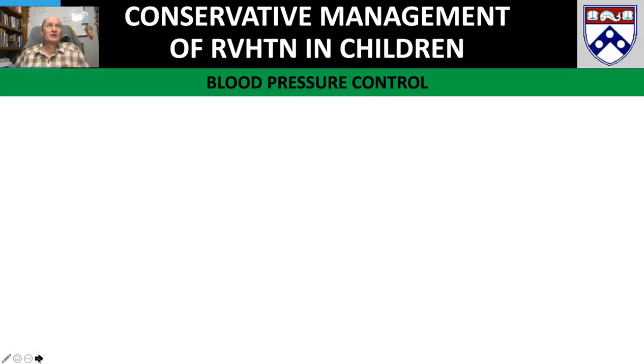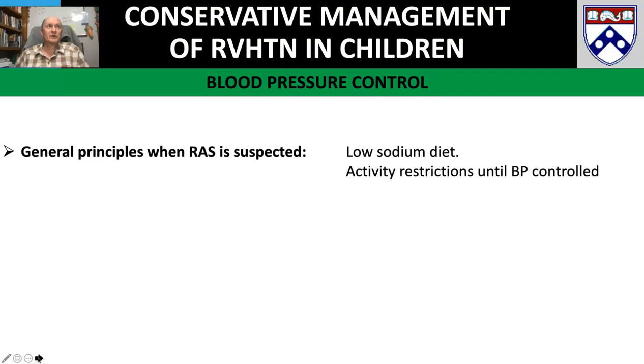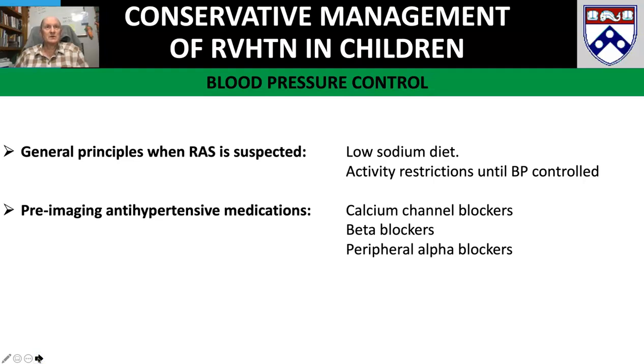So how do we actually control the blood pressure in these children? Well, we use the general principles of a low sodium diet, and if there's stage 2 hypertension, or stage 1 with, say, a thickened heart muscle, we'll restrict activity, and there'll be no competitive activity until the blood pressure is controlled.